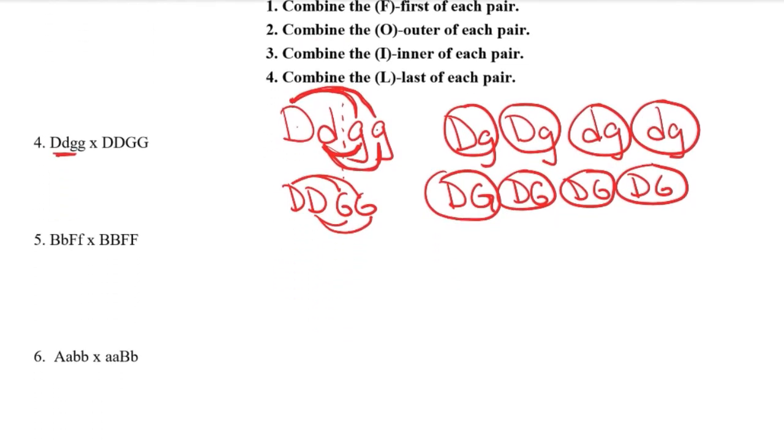Okay, now for this one, we're going to go first and third, or however you want to talk about the first pair. So big B, big F, and then the first and the last, big B, little f. Now remember we've always said capital letter first on everything.